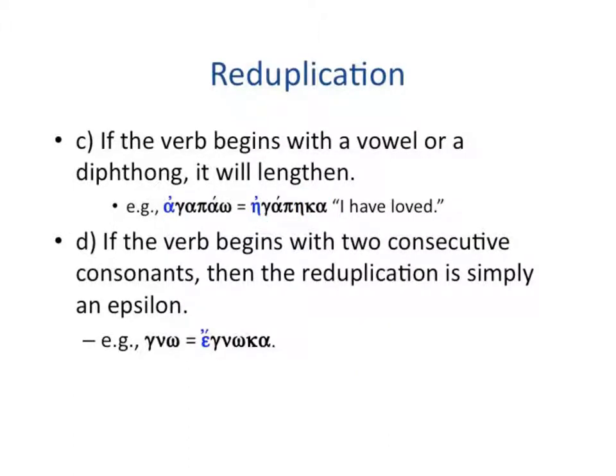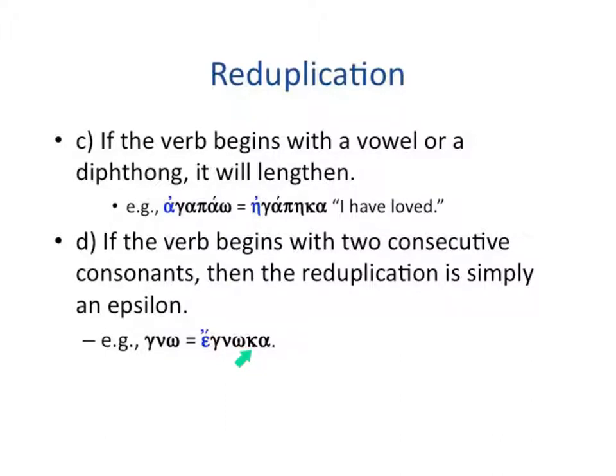And then sometimes you will get verbs that begin with two consonants. The reduplication when you have two consonants is really just putting an epsilon on the front. We have that with egnōka. Egnōka is from ginōskō. Now, that looks a lot like the past tense morpheme, so how are you going to be able to distinguish that from the aorist? Well, you're going to be able to distinguish it by the kappa.